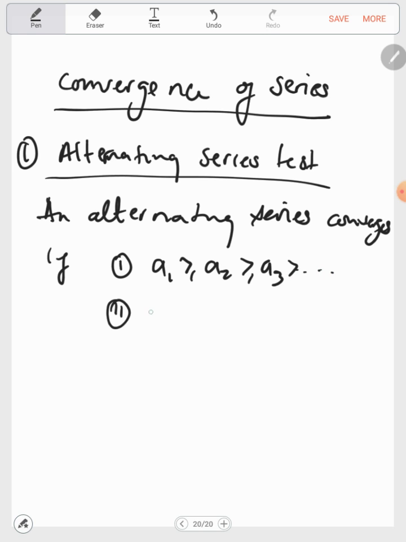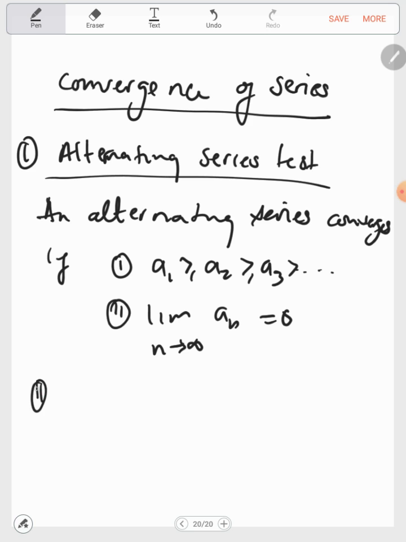And if the limit of an is equal to 0, so if the limit of an is equal to 0 and the sequence is decreasing, then the alternating series will be said to be convergent. Okay.